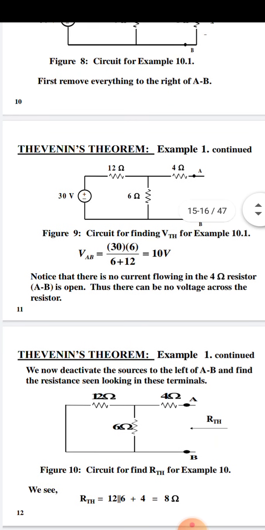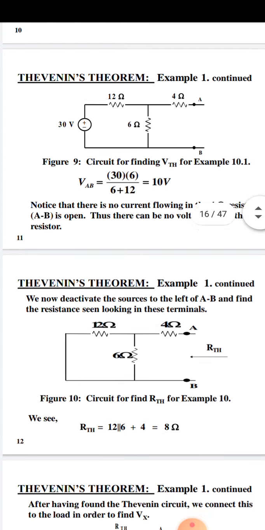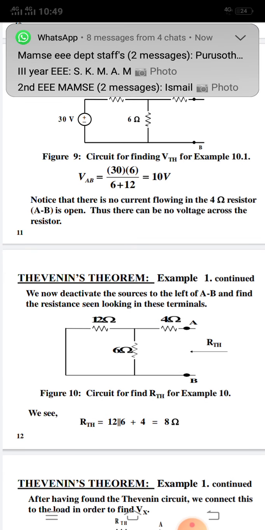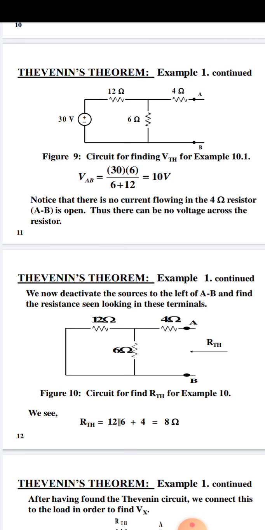Next, let us go to the second step. Here we find the RTH value. To find RTH, we must ignore the source in the given network. We ignore the 30 volt voltage source.